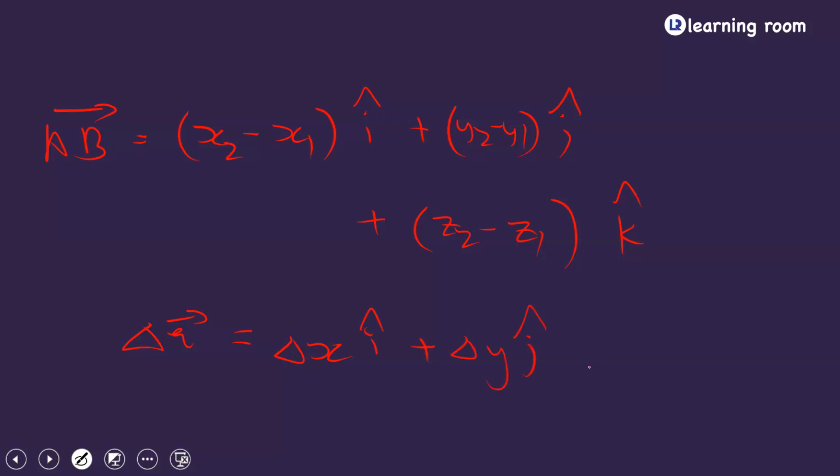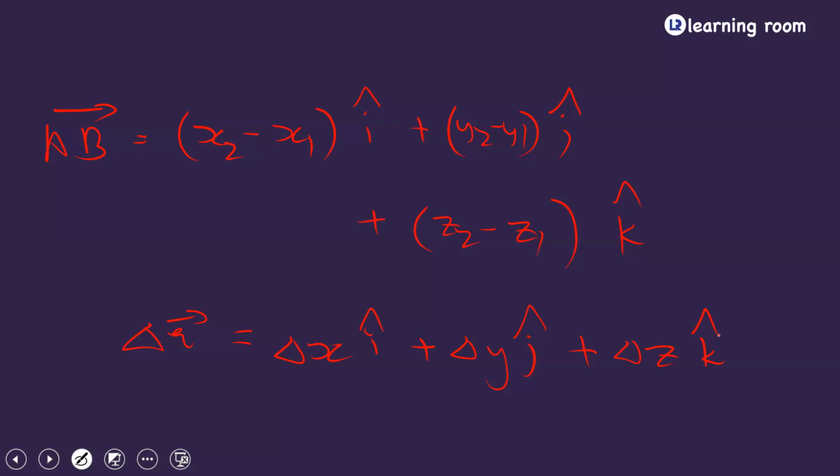Ananya, are you clear? Are you able to follow? Yes, sir, it's clear. Okay, good. If you have any doubt, let me know, Ananya, or you can put it up in the group. R can refer to the AB vector.